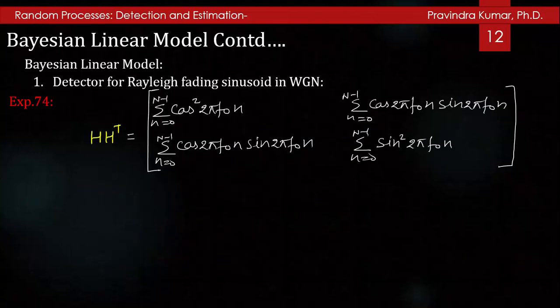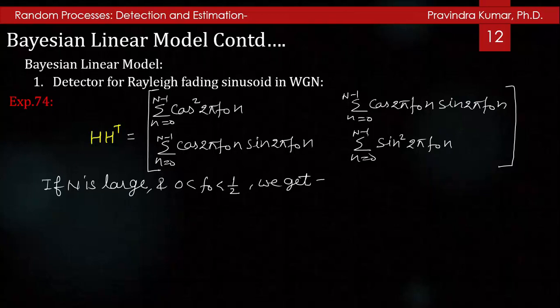But you know, H transpose H has the elements summation n=0 to n minus 1 of cos square 2 pi f naught n, summation n=0 to n minus 1 of cos 2 pi f naught n sin 2 pi f naught n, summation n=0 to n minus 1 of cos 2 pi f naught n sin 2 pi f naught n, and summation n=0 to n minus 1 of sin square 2 pi f naught n.